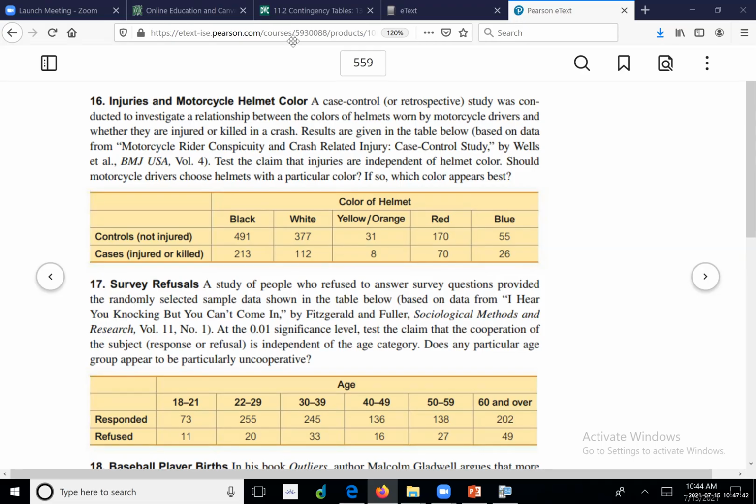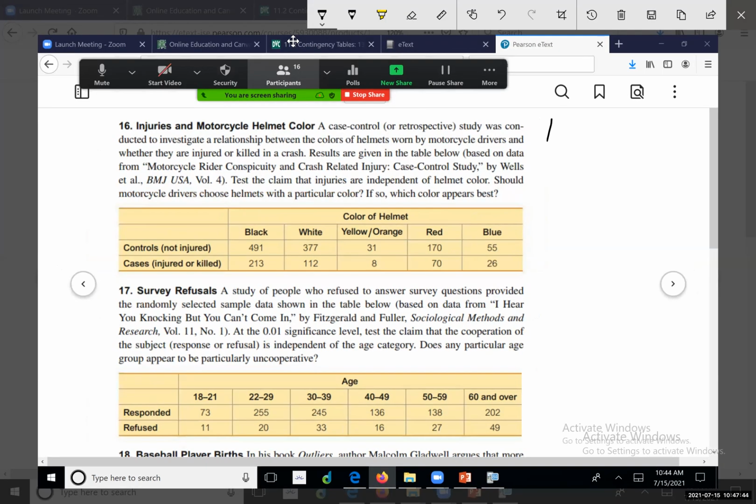Thank you. So you start with the null hypothesis and alternative hypothesis. The null hypothesis says that injuries and helmet color are independent.